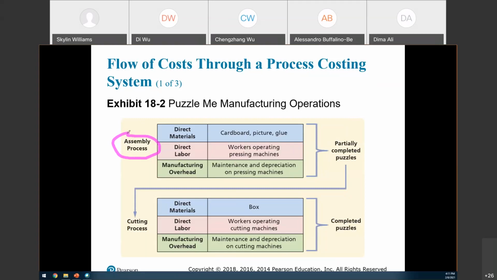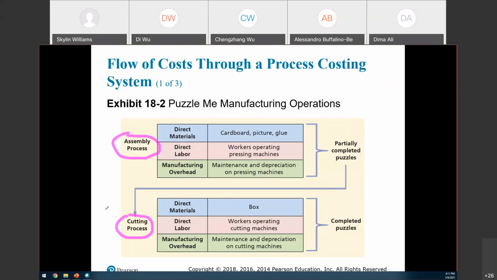The second is the cutting department, or cutting process. The cutting process cuts the cardboard into puzzle pieces and packages the puzzles in the box.